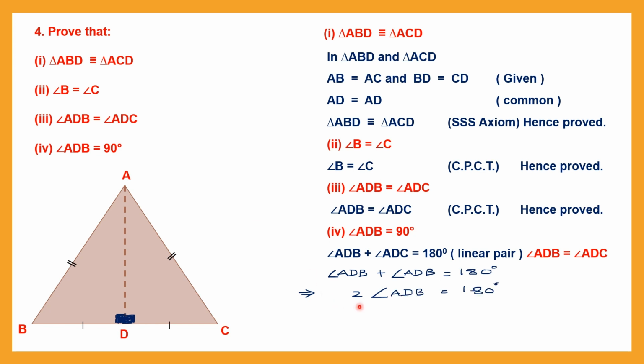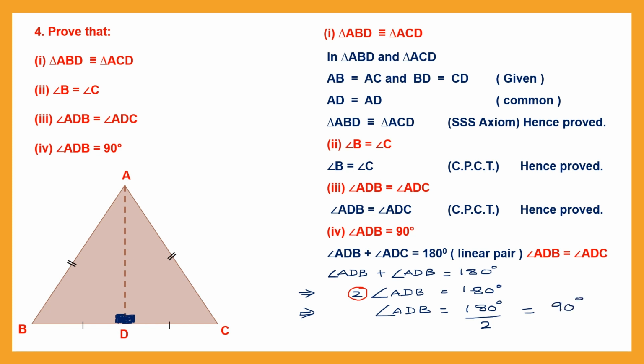So if two angles of ADB is equal to 180 degrees, let's find out how much one angle will be. So that will be angle ADB, we'll leave it as it is here, 180 degrees on the other side, and let's transpose this 2 to the right hand side. So when we transpose, it becomes division. 180 divided by 2. How much is 180 divided by 2? 90.